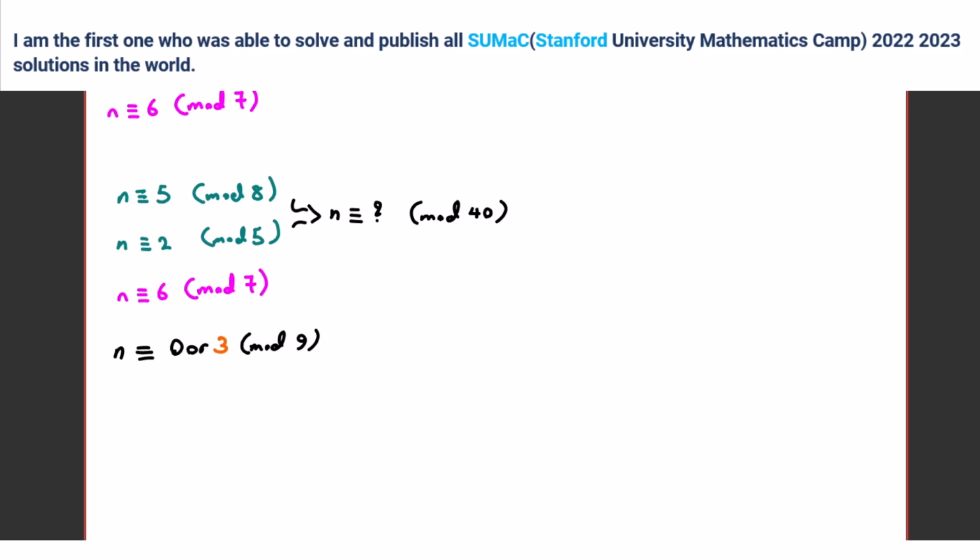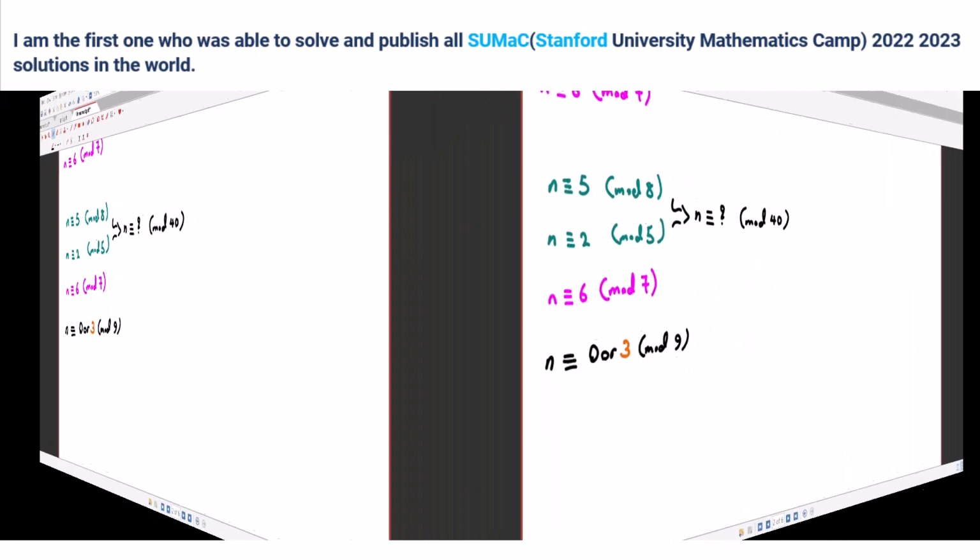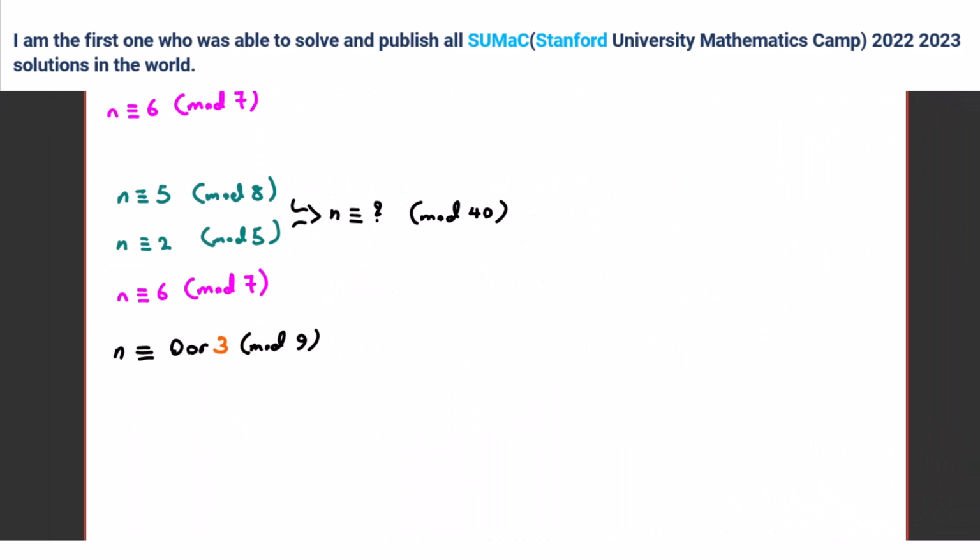Okay, so try to find n mod 40. I told you last session how to solve these types of problems, right? Yeah. Okay, try. I'm getting it's congruent to 37 mod 40. 37, which is 5 mod 8, 2 mod 5. Good job.